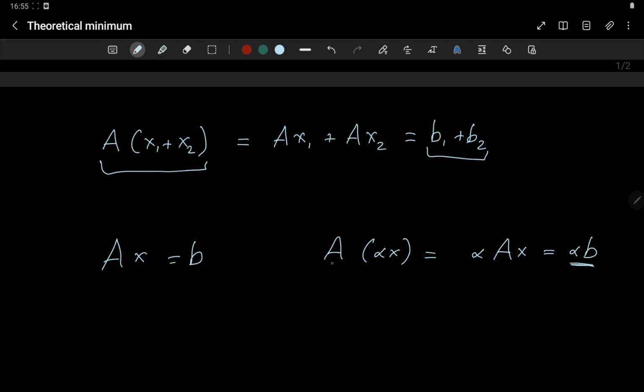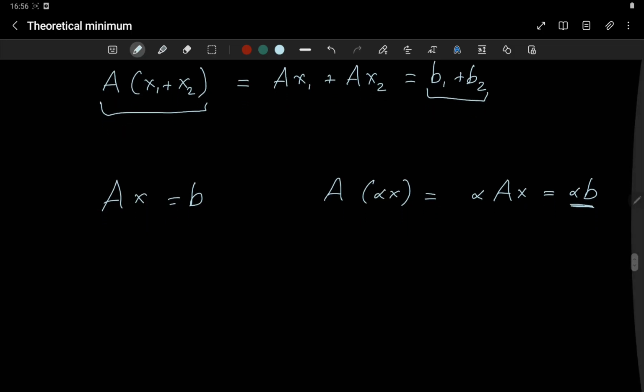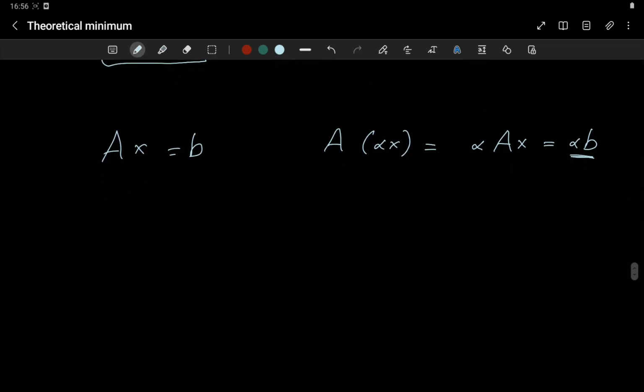So this operation satisfies homogeneity as well. In that case, this operation is linear. Therefore we call this linear algebra. So with that we will start.